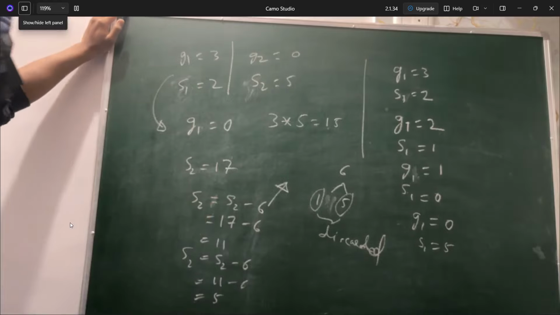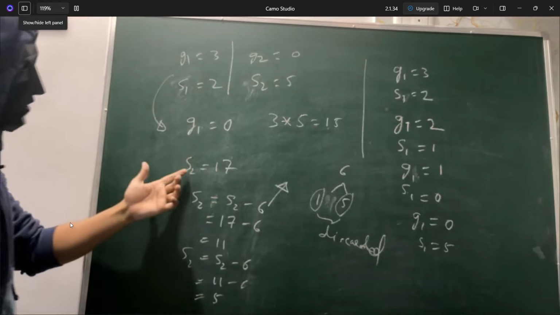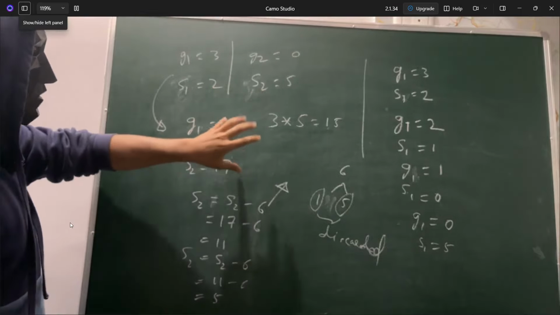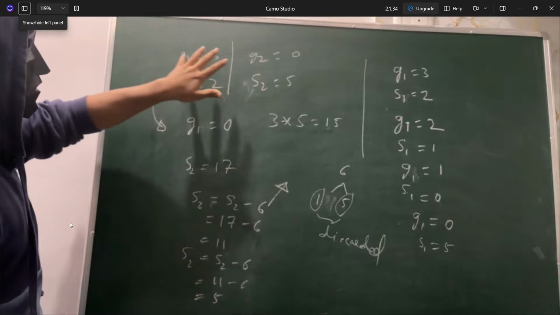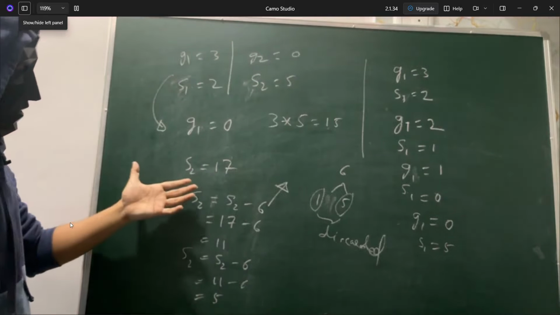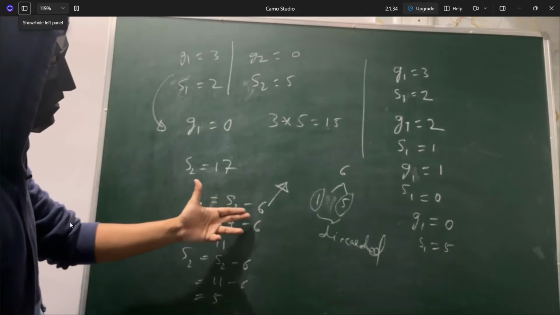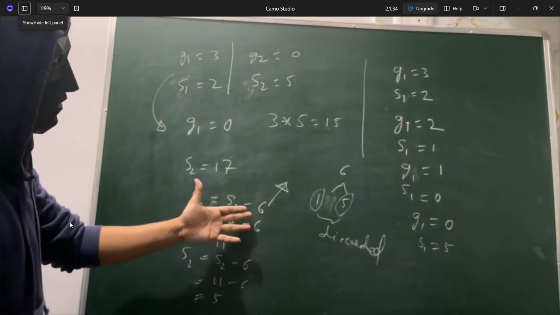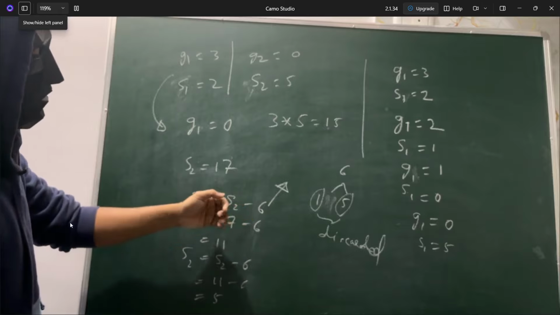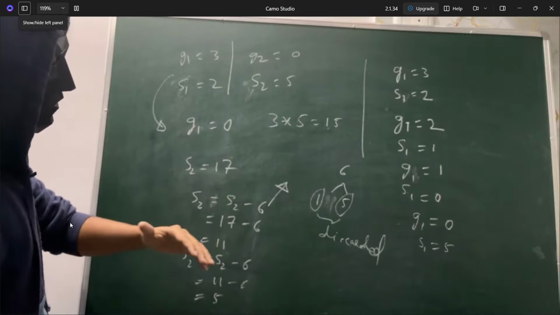So you have 17 silver coins. Now since this is not equal to the S2 they want, although gold 1 will be equal to gold 2 since we have done the operation, in order to make this silver 2, you will be subtracting 6 every time. So subtracting 6 means that we are discarding 1 gold coin and 5 silver coins.